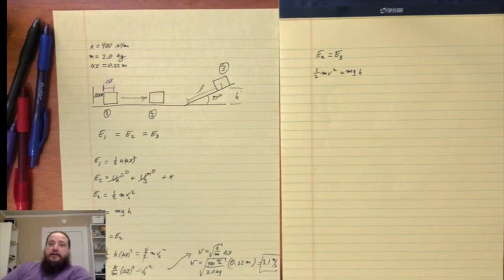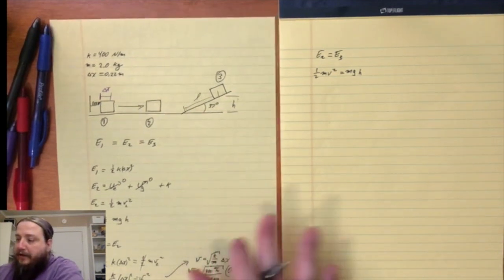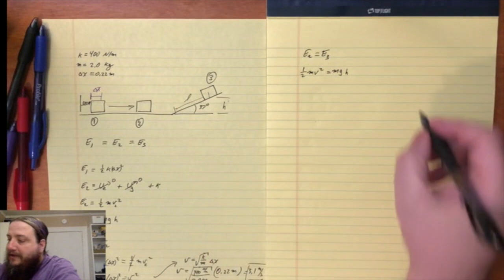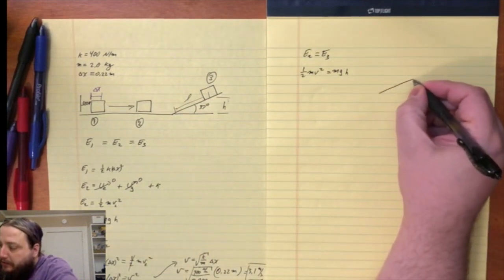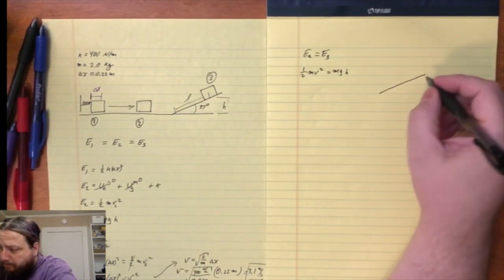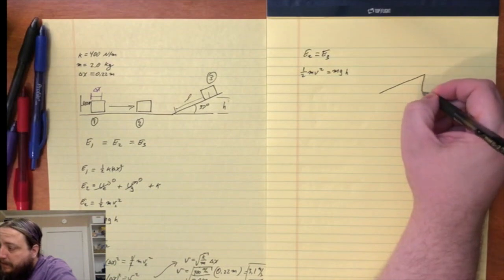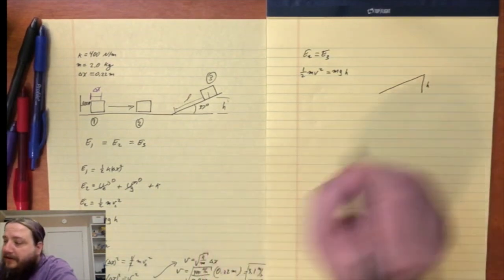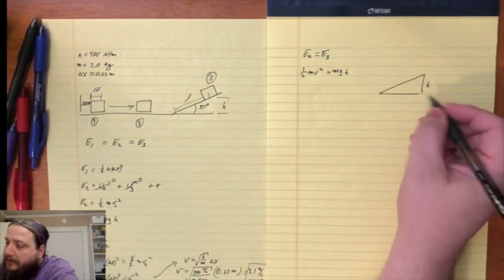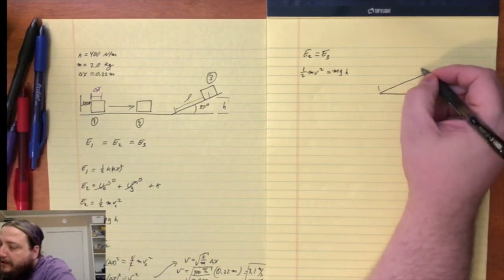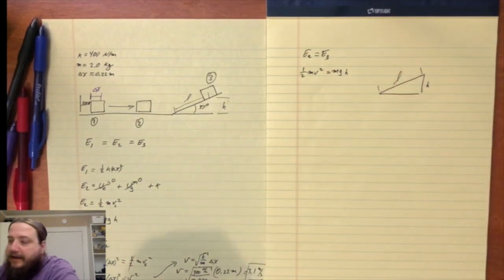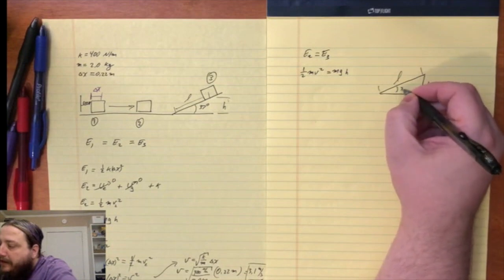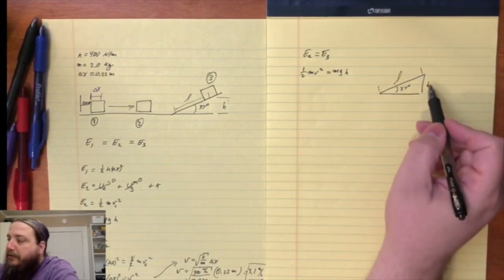And now we've got to do something about this height because we want to find this out in terms of L. So let's go ahead and redraw our ramp here. This point here, that side is the height. And this length here, that's the L that we're looking for. The angle there is 37 degrees.